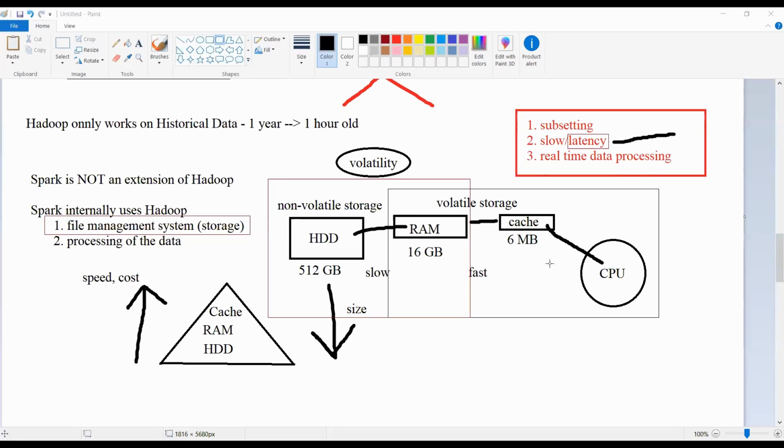And why are you doing this redundancy? There is a particular term called fault tolerance. If one node goes down, you pull out another node as a DR. DR means data recovery. That is called fault tolerance.